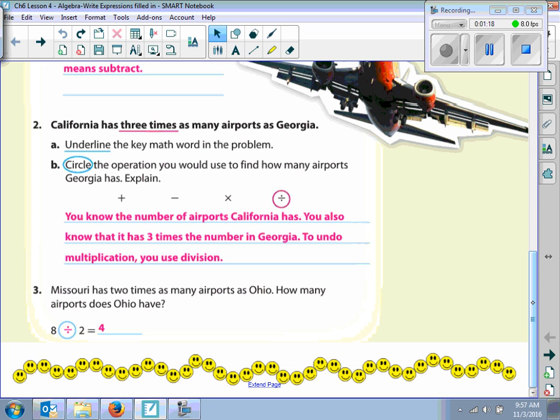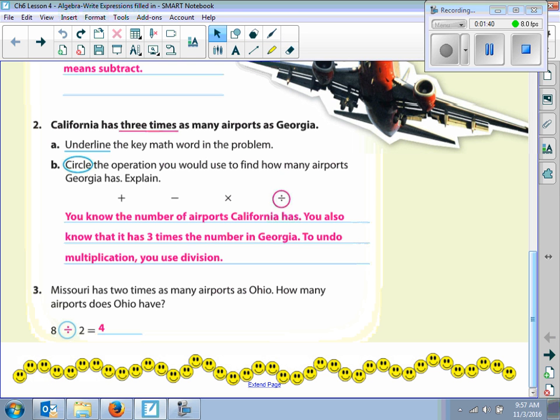Here, for example 2, it says California has 3 times as many airports as Georgia. We're going to underline the key math word, and then again we're going to circle the operation you would use to find how many airports Georgia has. So here, the key words are 3 times as many, right?